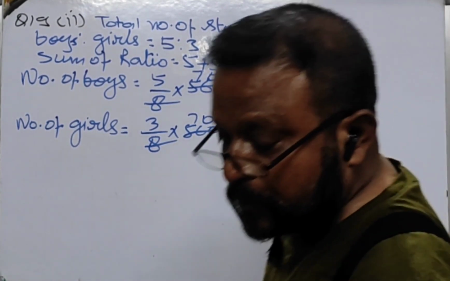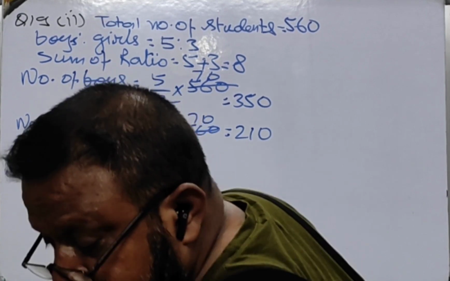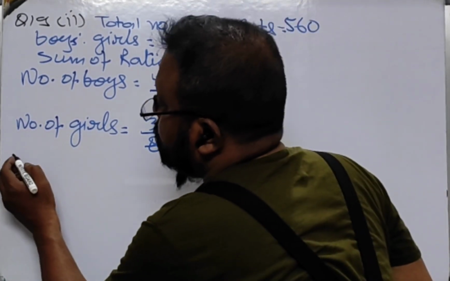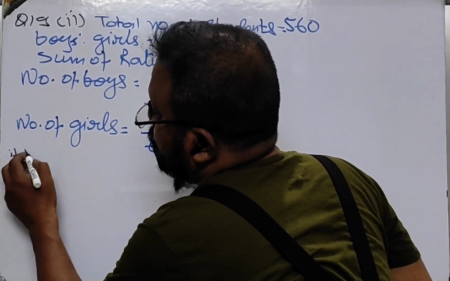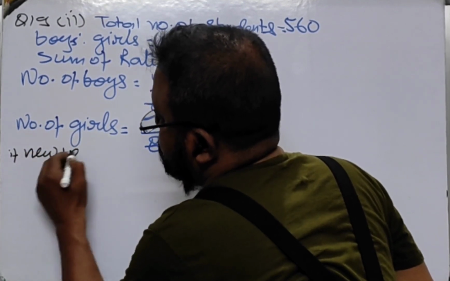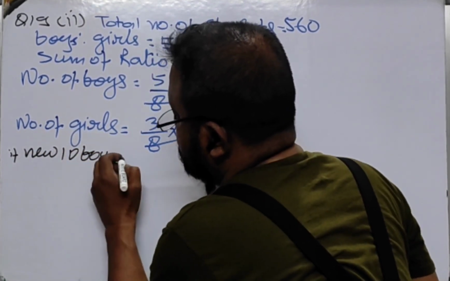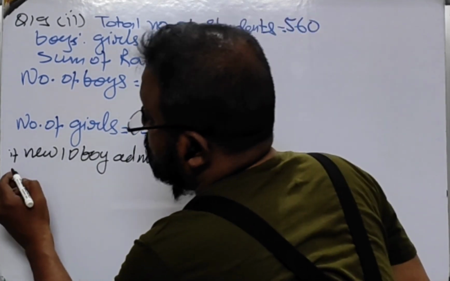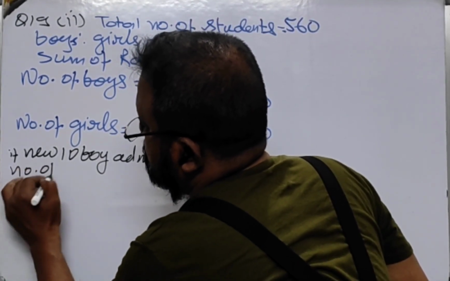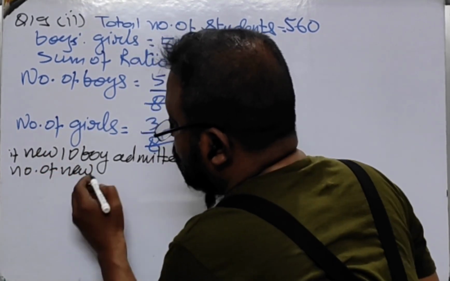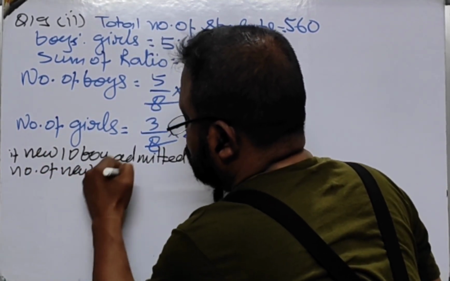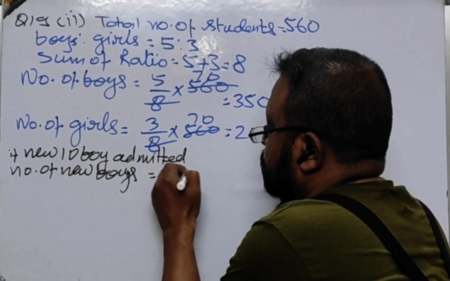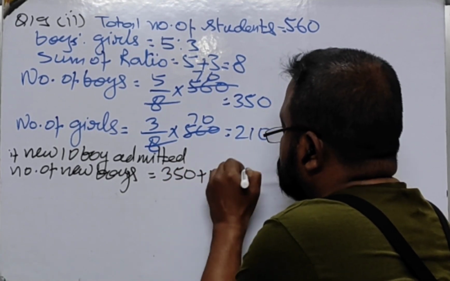210 girls. Now what the question is, if new 10 boys are admitted, so the number of new boys is equal to 350 plus 10 is equal to 360.